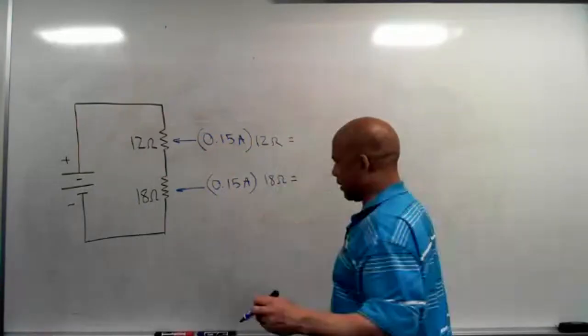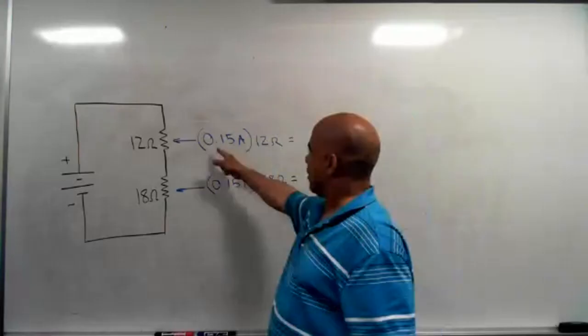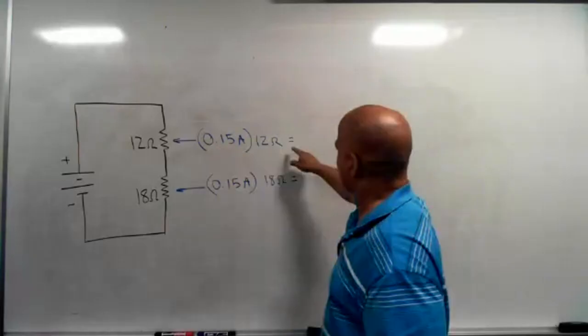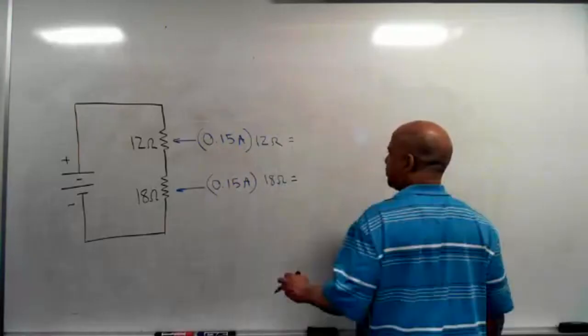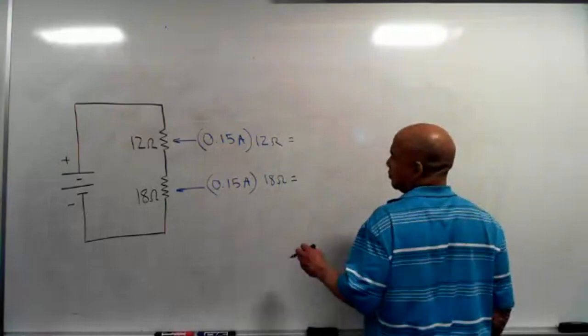If you have a calculator, what is 0.15 times 12? 1.8.